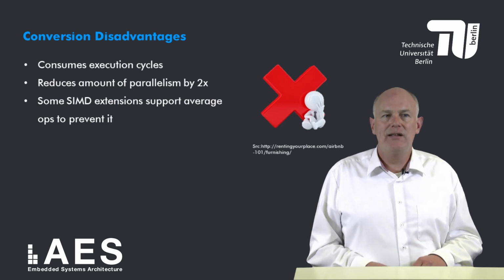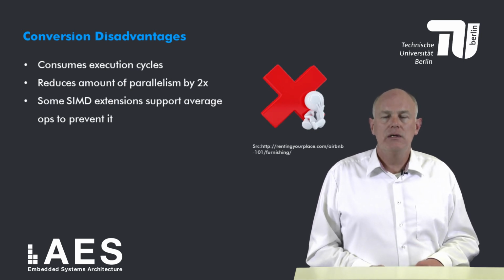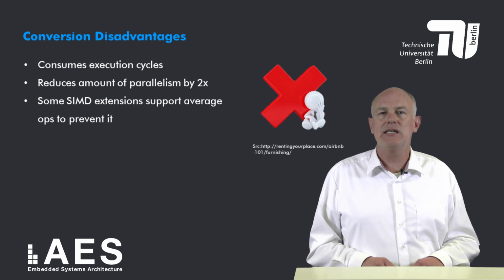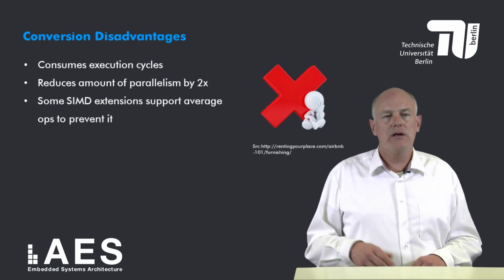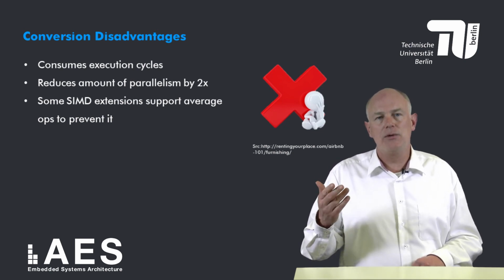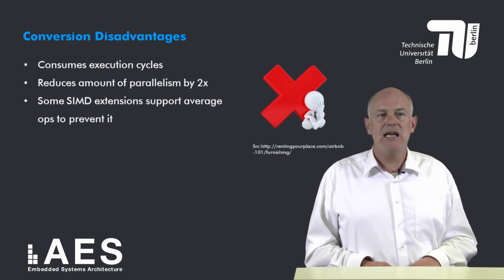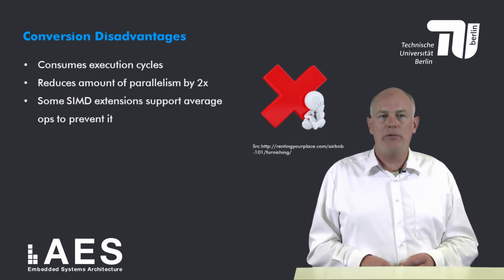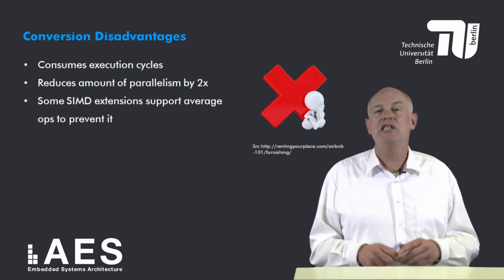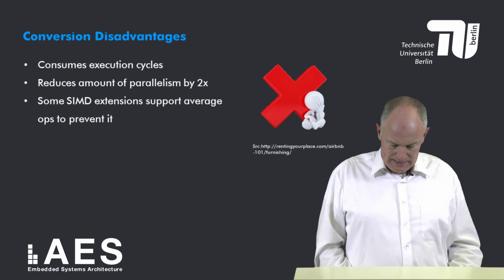To prevent having to convert, the special purpose SAD instruction is an example. There are other examples such as signed arithmetic. Some SIMD extensions even support an average operation, especially for the averaging kernels, to prevent it.